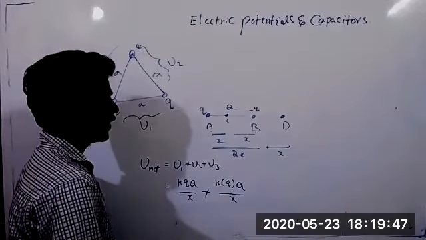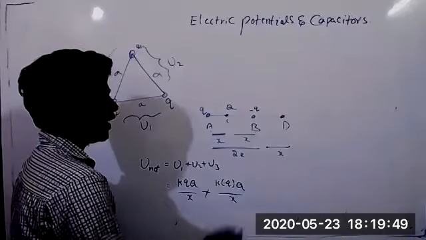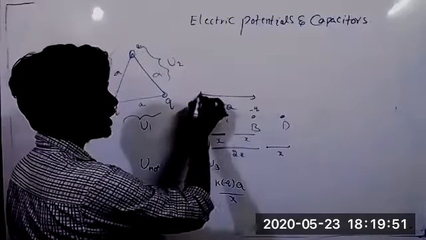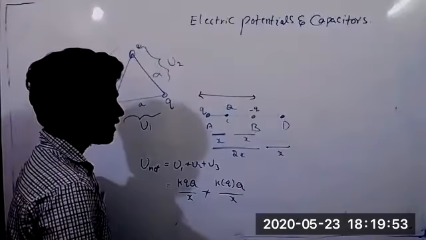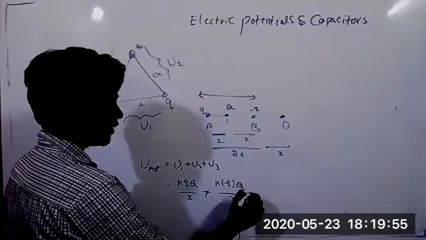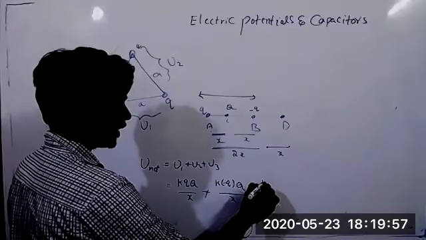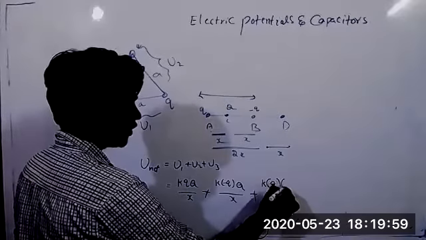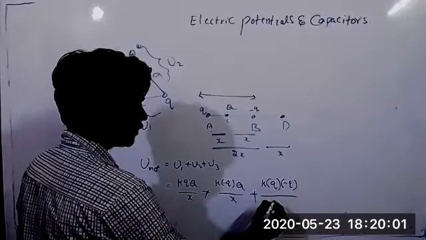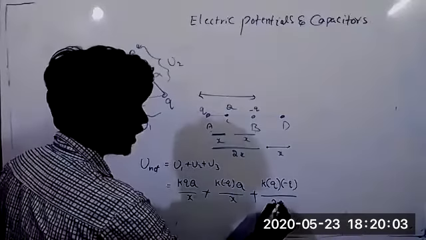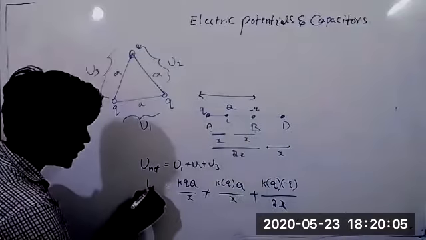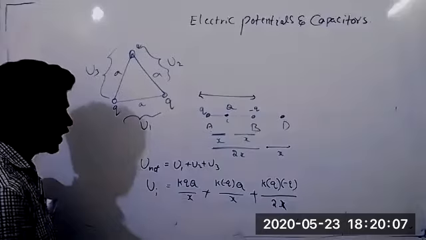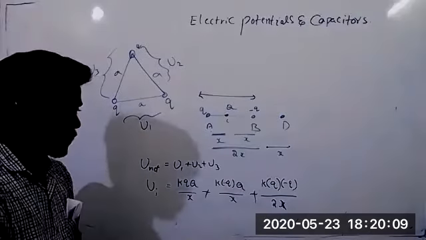And plus between these two also will be there: plus K Q into minus Q by 2X. Yes, this is the initial potential energy.